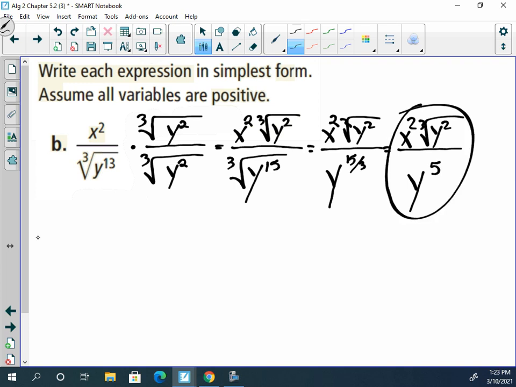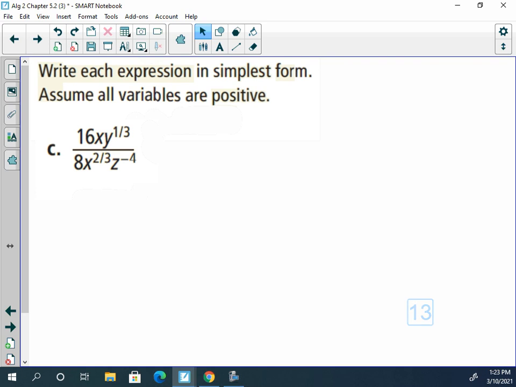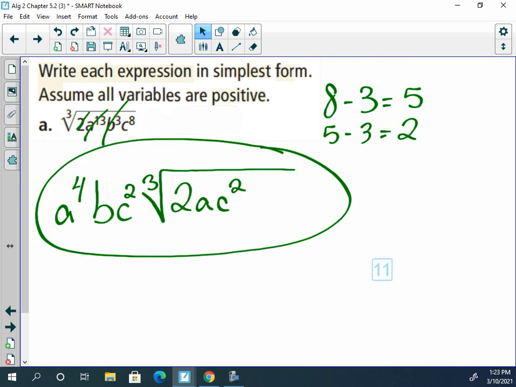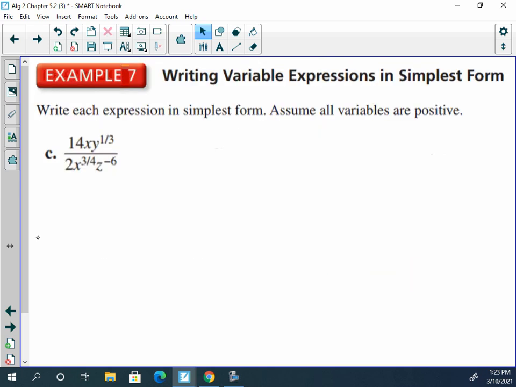So we have x squared times the cubed root of y squared all over y to the 5th. And that's it there. Any questions on any of this here? Okay. That's right, we're going to go back to C, this here.